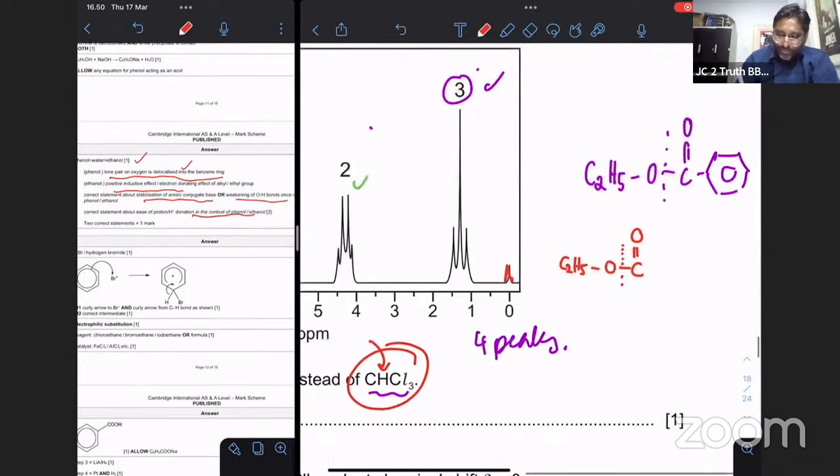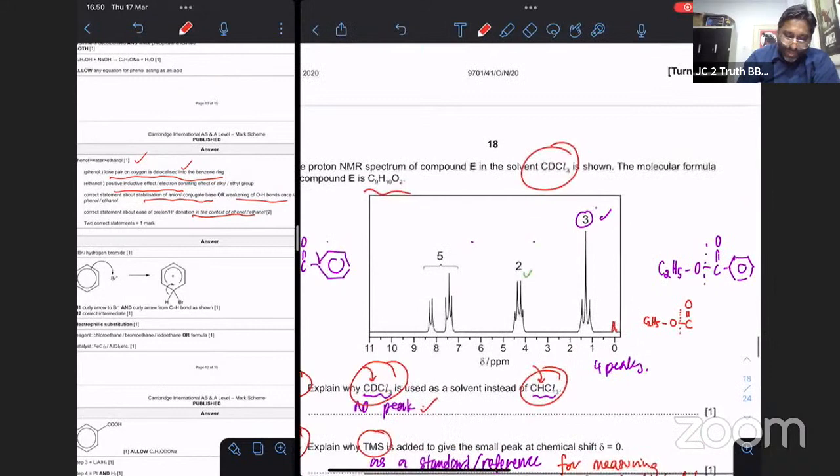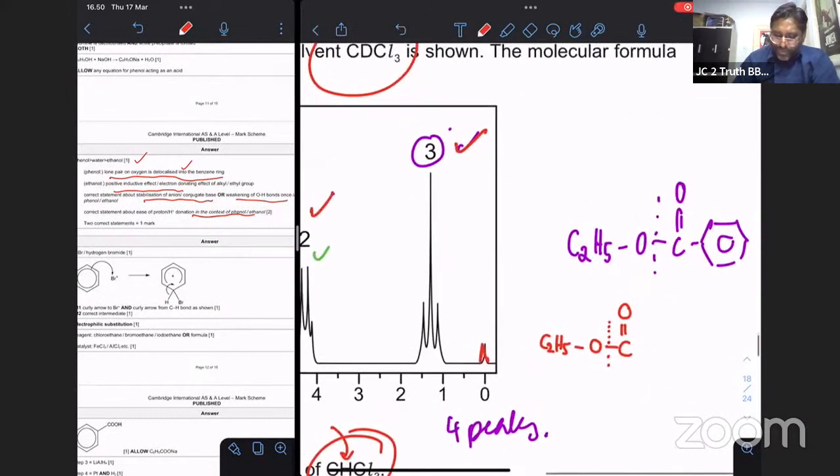So I have 3 carbons here. They say 9 carbons, so I need 6 more carbons. And when I look over here, I see generally 1, 2, 3 peaks of hydrogen environments. When I look closer, C2H5, CH3, CH3, then O, C, and then double bond O, then there must be something else.